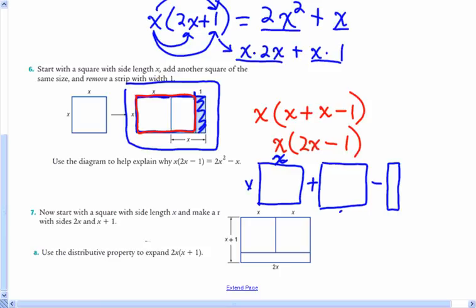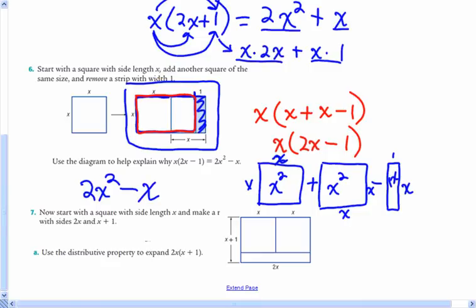Same with the second one, x by x. And the last one is a strip of 1 by x. And if we find the area inside, we get x squared, another x squared, and minus 1x. And the expression for that is x squared plus x squared, which is 2x squared, minus 1x.